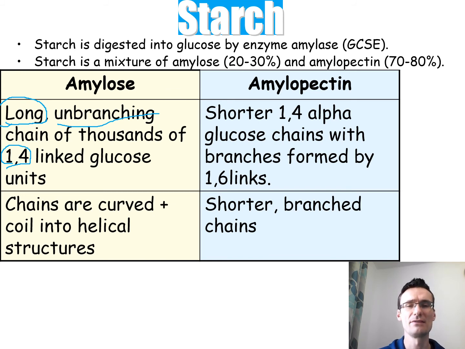The amylopectin is different because it's shorter, so it might not be 1,000 alpha glucose molecules in length. Again, they are 1,4 alpha glucose chains, but where the branches form there are 1,6 glycosidic bonds, giving a larger surface area, allowing the glucose molecules to come off.